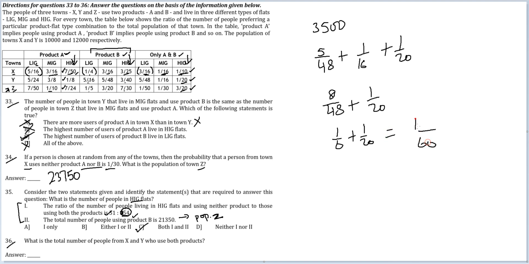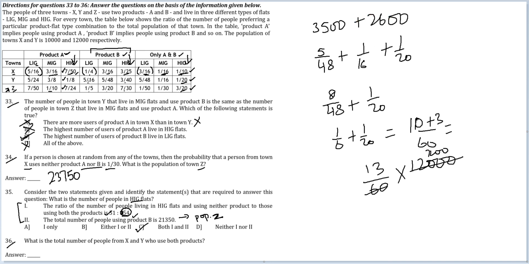So 60, 10 plus 3 or 13 by 60, and the population is 12,000. So cancel, cancel, I get 200 here. So 3,500 plus 2,600, or the total will be 6,100.